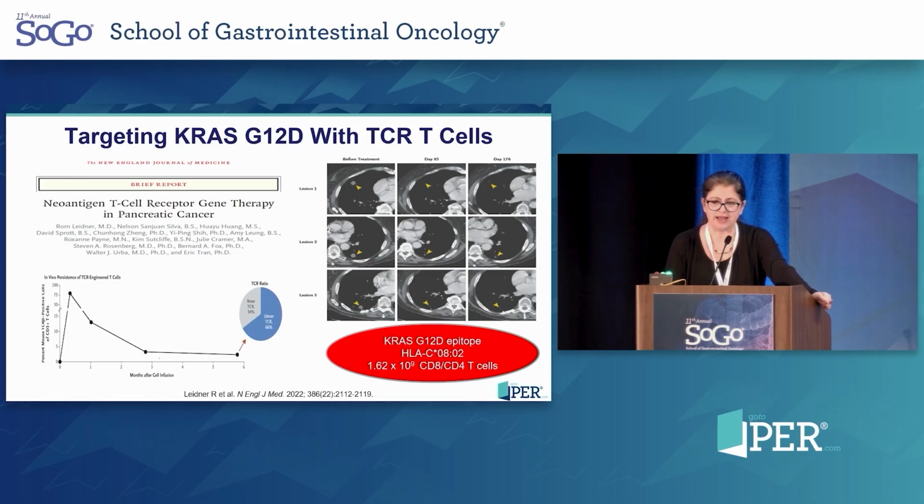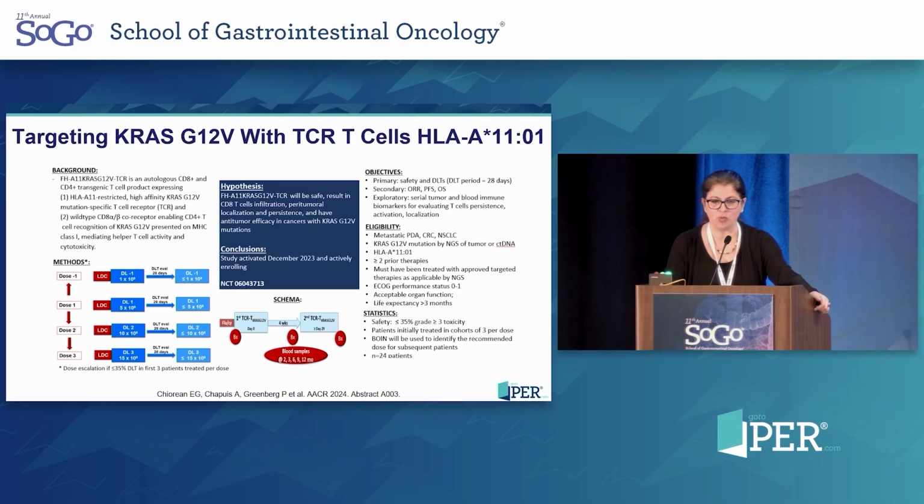We are doing at University of Washington with the help of Phil Greenberg, these G12V targeting TCR T-cells that are very geared towards HLA-A1101 positive patients. So you have to have this haplotype because the TCR actually is obtained from a healthy donor that had the HLA-A11 blood type.